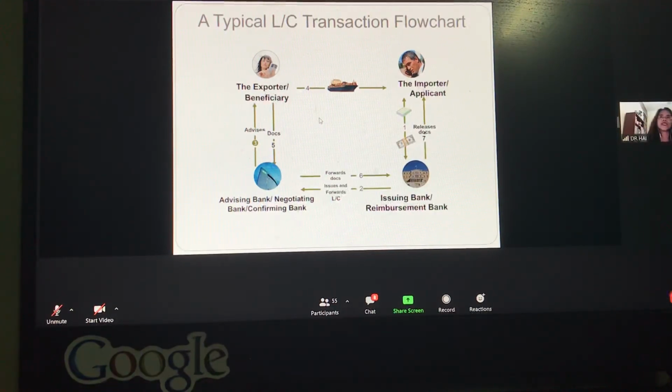Okay, move to the second case. Documents are non-CP. Someone said, if the documents are non-CP, it means the transaction stops at step number 6. Is it right or wrong? I want you to reconfirm before you explain. 48, please. Yes.